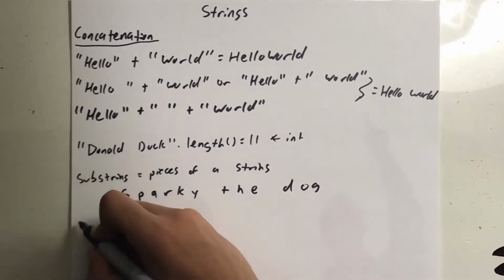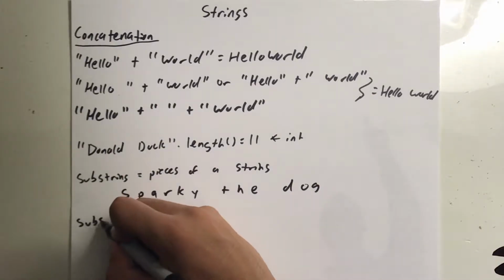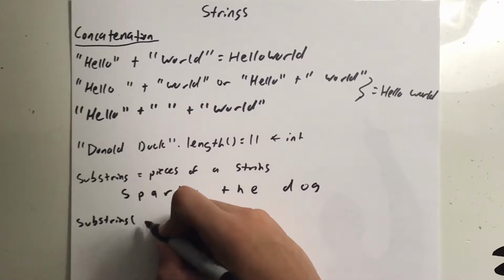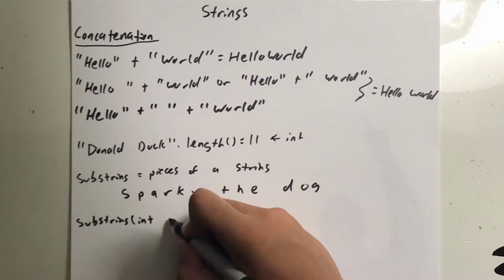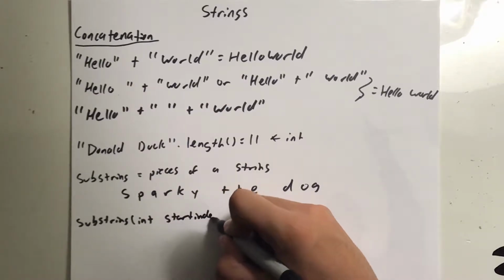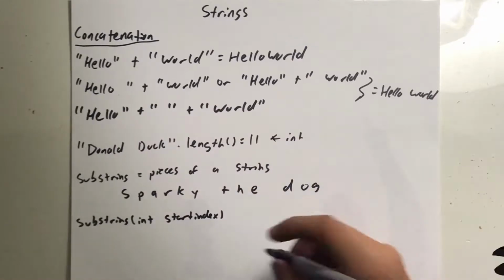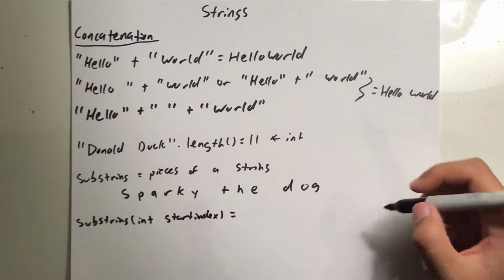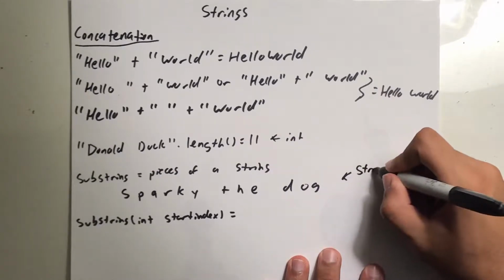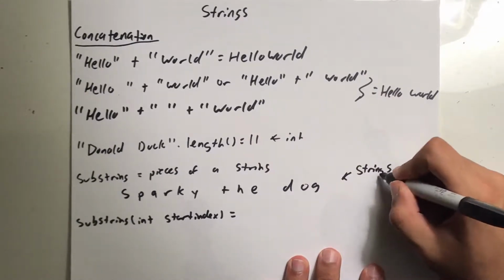The first substring method is substring, and the parameter is going to be an integer. Let's say we're going to call it start index. So, for example, let's say this was string s.